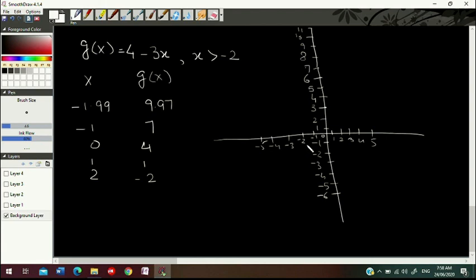For the first graph, when x is equal to minus 2, g of x is minus 5. And when x is equal to minus 3, g of x is equal to minus 11.